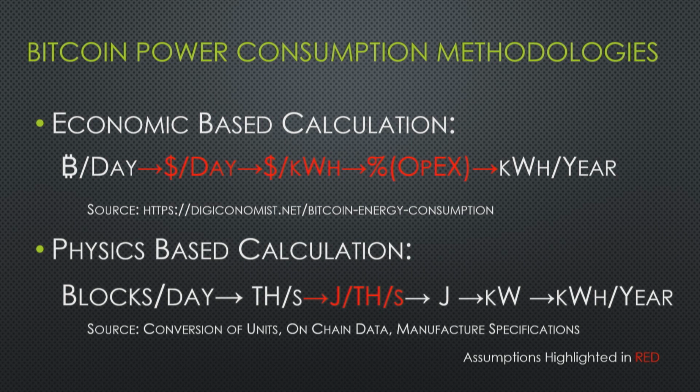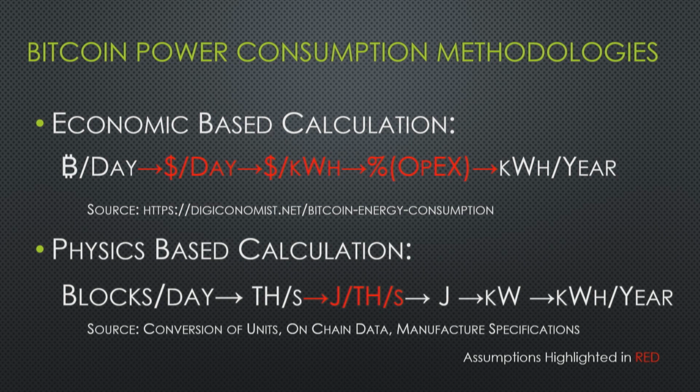So if the price doubles, does the energy the network expends double? Maybe, but most likely not. It's looking at different variables. And if the price decays by 50% or 80%, does the network energy consumption also decay at that magnitude? I would argue absolutely not. So I think there are some big flaws in the economic-based energy consumption methodology.